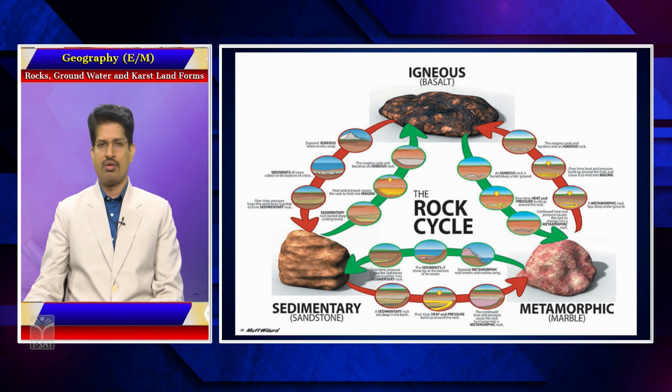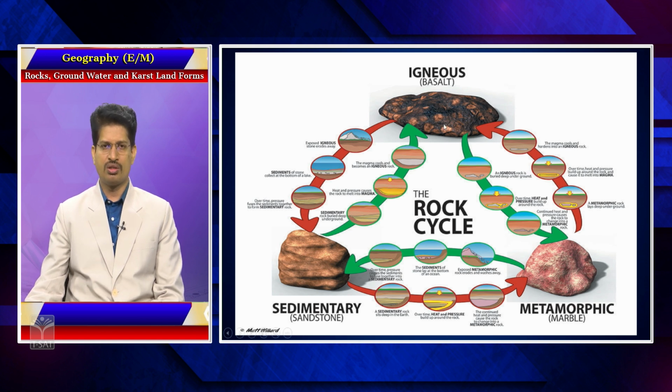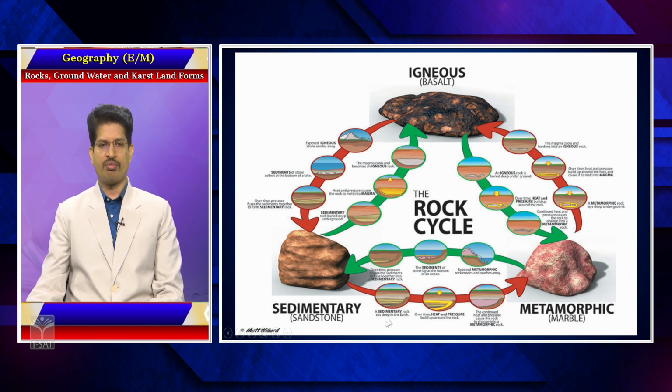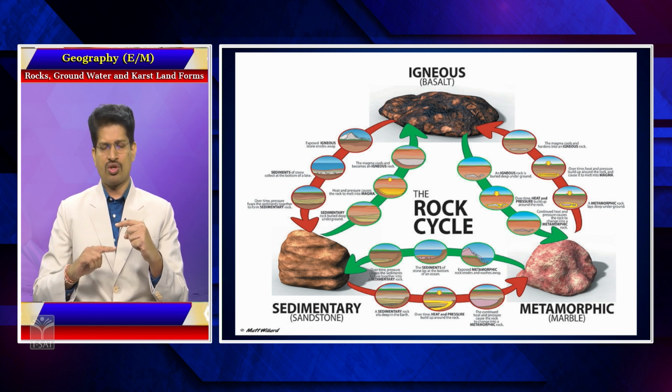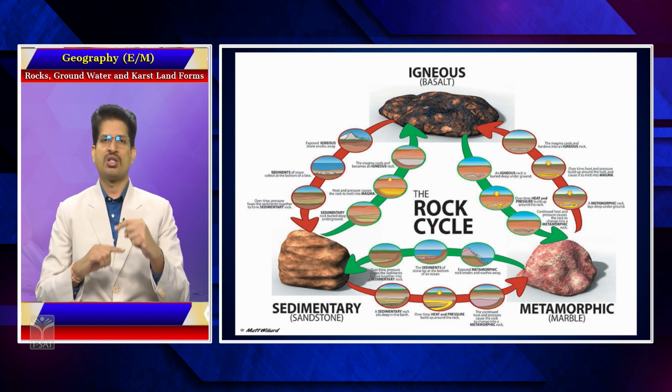For example, when an igneous rock is subjected to weathering and erosion, it is subjected to sedimentation, and because of sedimentation, cementation and pressure, it leads to the formation of sedimentary rock. When the sedimentary rock is melted because of magmatic activity, it can be converted into an igneous rock body. So there is a possibility of conversion of one rock into another rock.